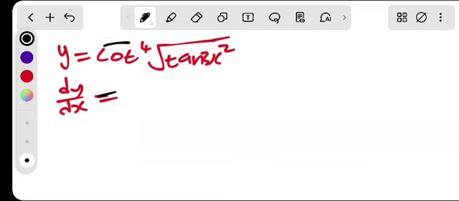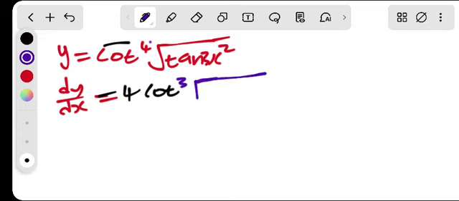Drop the exponent, it will be 4 cot, you subtract 1, there will be 3, into the square root of tan 3x raised to the power of 2.